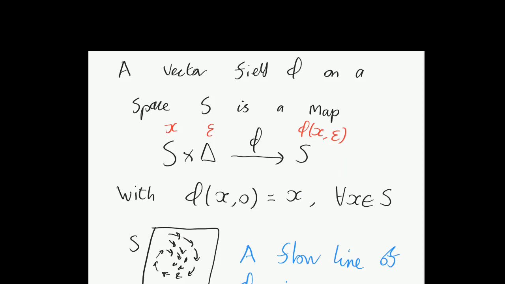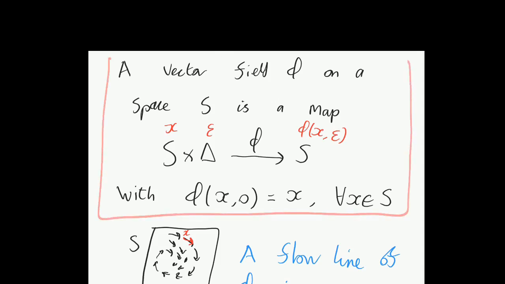In other words, the little arrow associated with any point x is an arrow which emanates or starts from that point x. So all this definition is saying is that a vector field is simply a map which sends every point of our space, and an infinitesimal, to another point in our space, in such a way that when we set our infinitesimal to 0, this map always sends the input point to itself again.